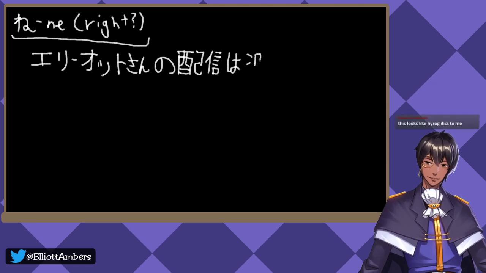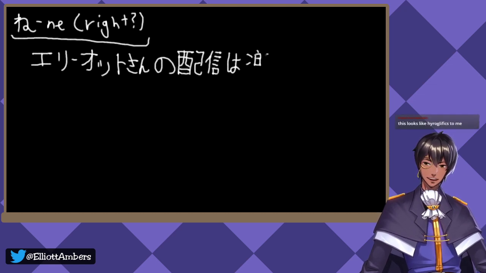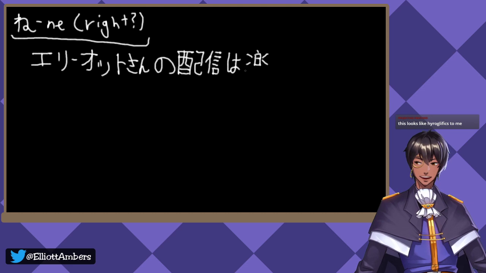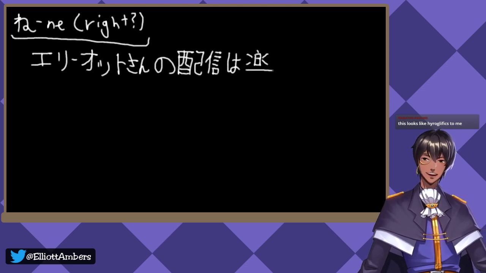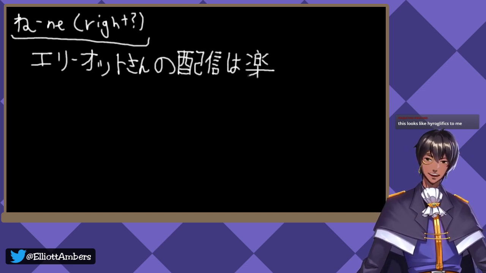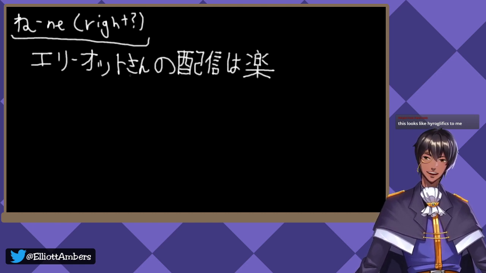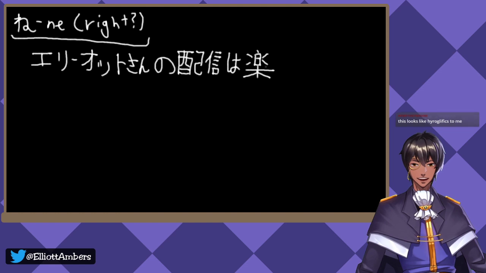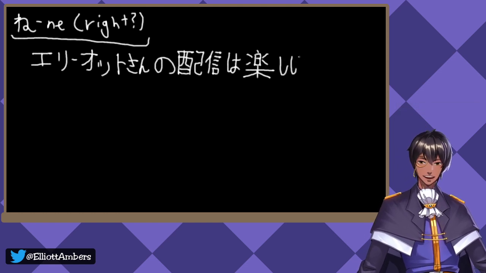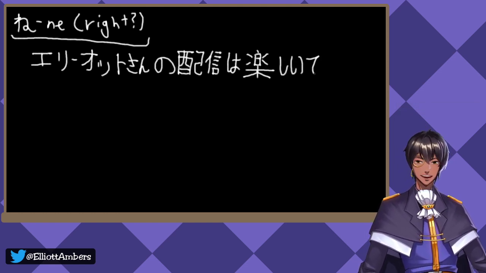And I'll say this word. You might recognize the word. It looks like hieroglyphics. And I should also be writing out the reading of it. Erioto-san no haishin wa tanoshii desu ne.